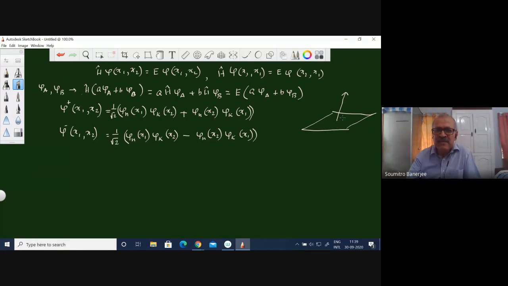You have seen that, right? Any two eigenvectors in this plane can be taken as the basis vectors, and on that basis, any other eigenvector can be defined. All that you have done, right? Here we are doing something similar. The psi A and psi B are these two, and we are only defining a new vector which is a linear combination of these two vectors. That's also in the same plane, and therefore that's also an eigenfunction.